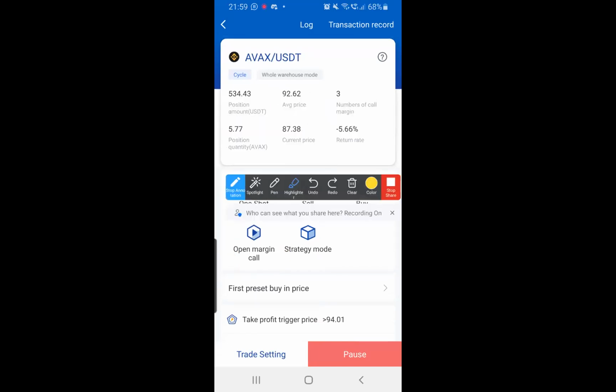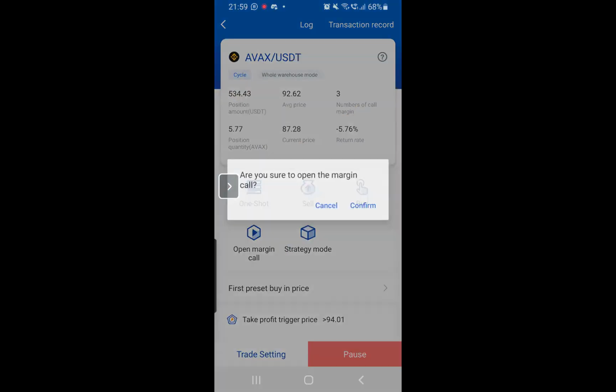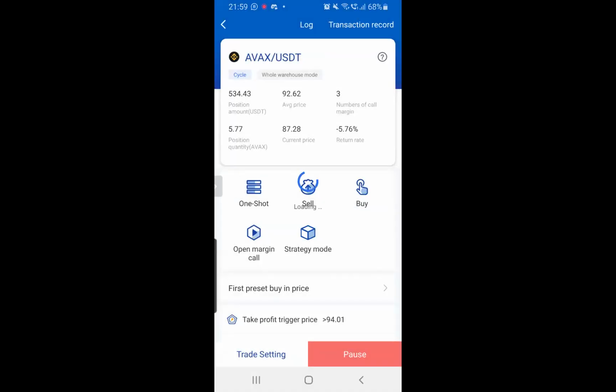So now that I have stopped it, it will no longer do margin calls. My dip will start increasing, and even if it is a bullish market, it will release all my money. It will not use it again. Also, I have to put it in one shot for this to happen, as it is still in cycle. But I don't want that, so I'll go ahead and open my margin call again. I'm sure that was clear, right? Yes, sir, it's clear. Thank you, sir. You're welcome.